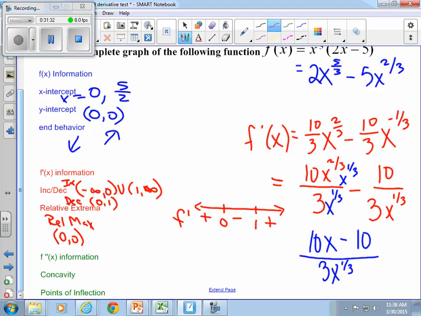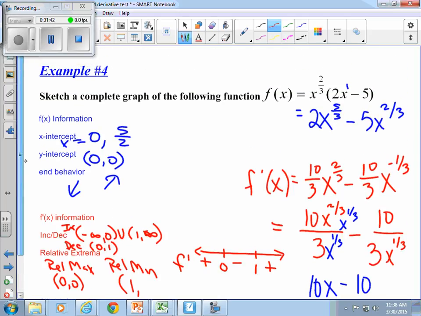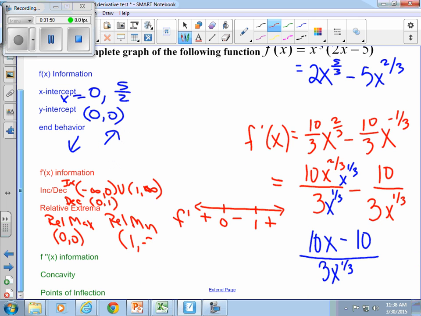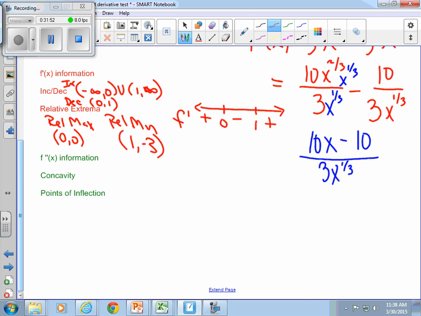Because I found that earlier. That's the x-intercept. And I have a relative min at 1, -3. Any questions so far?